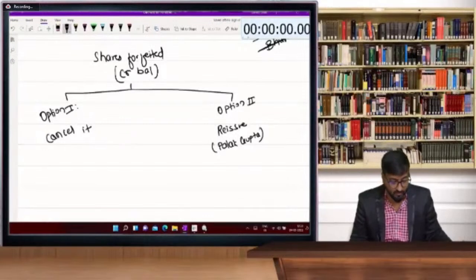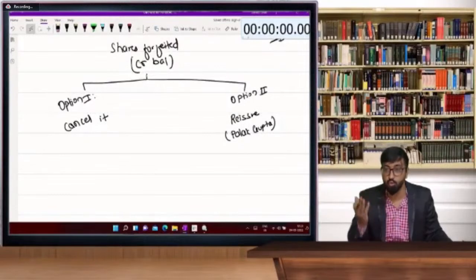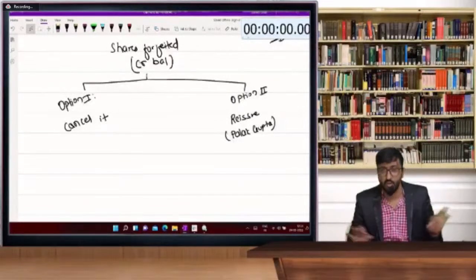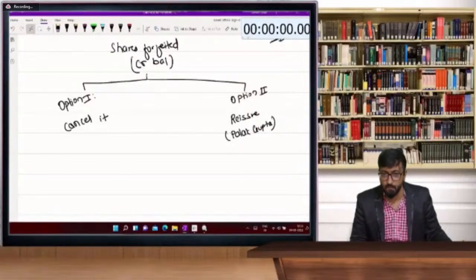It's very simple, sir. So there are 2 options. Either cancel it permanently, you will cancel that forfeiture balance. Okay, we don't want to reissue to someone. हमें ये किसी को शेयर देना नहीं है. हमने वो परमानेंटली, देखो मैंने किसी को शेयर दिया था, भूमिका को शेयर दिया था, भूमिका ने मुझे पैसा दिया नहीं, अभी बस हो गया भाई, मैं किसी को वो शेयर देना नहीं चाहता हूं. जैसे कि आपकी प्रीमाइसेस, your own premises, suppose you rented it out, that tenant, he has not paid you any amount, so you removed him from your place.